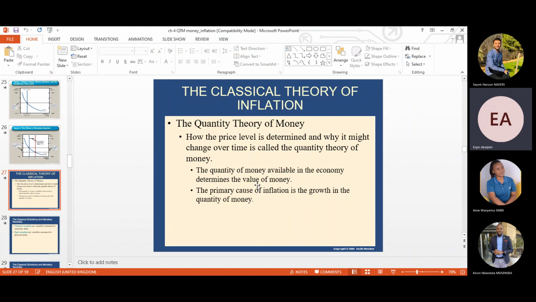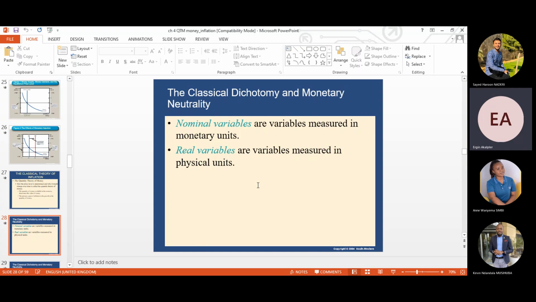Okay, the primary cause of inflation is the growth in the quantity of money. As I said to you, when the quantity of money is enlarged, inflation increases and the value decreases. Nominal variables are measured in monetary units. Nominal variables are the money at the current value, which is the value you are able to sell and buy.